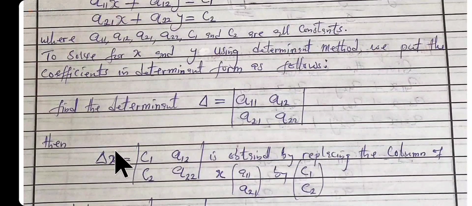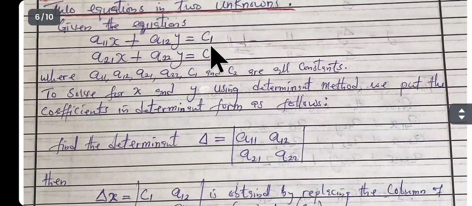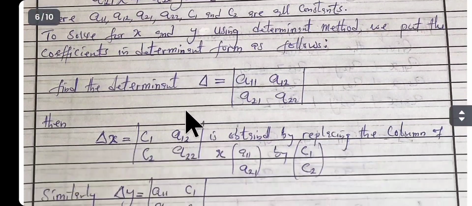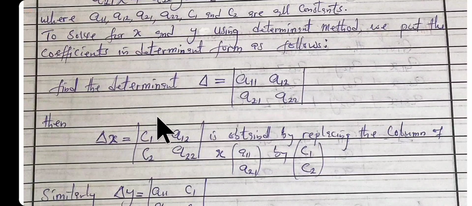If you are finding this determinant with respect to x, you discover that the column of x will be replaced by the constants c1 and c2. So instead of putting the coefficient of x here, you replace them with c1 and c2.